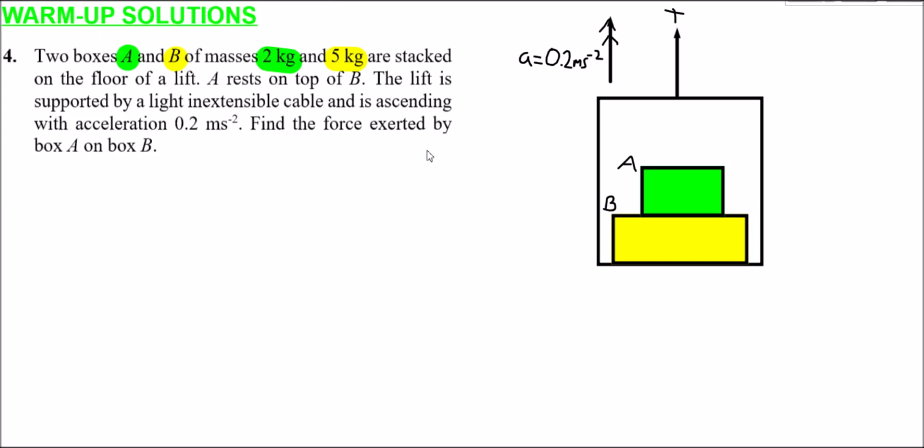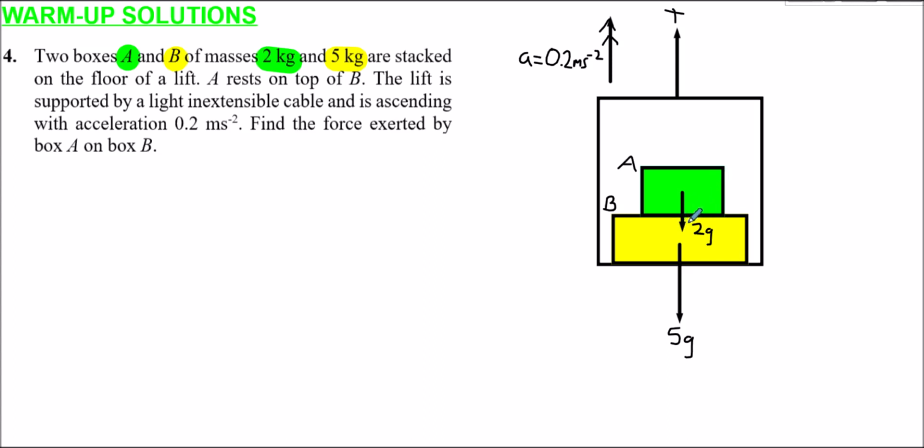So we need to think about forces acting on A and B. Obviously acting downwards on B is its own weight. So the weight of B is going to be its mass multiplied by g. So the weight of B will be 5g. The weight of A, again, will be acting upon A. So acting down on A is a force of 2g. Now again, there's also going to be reaction forces as well.